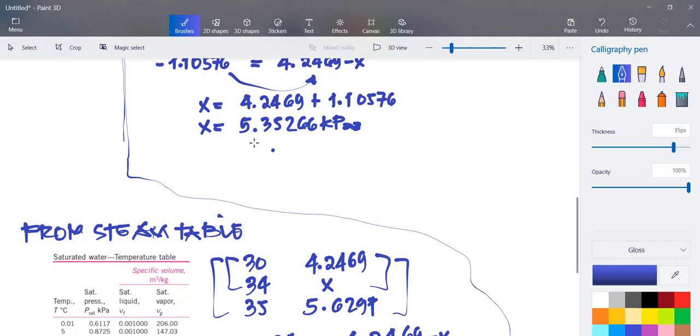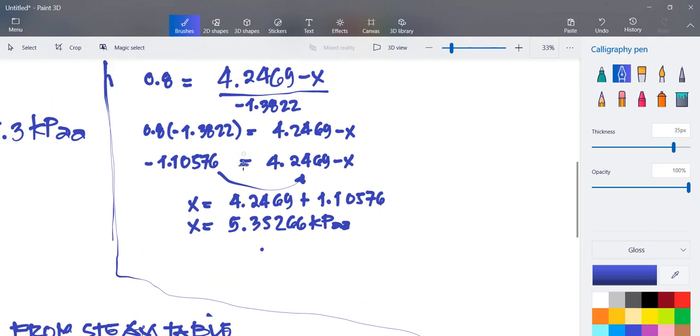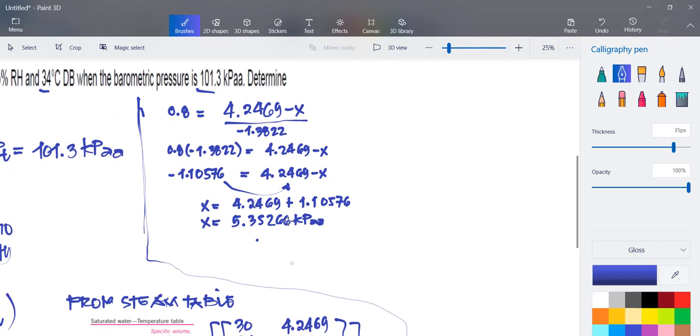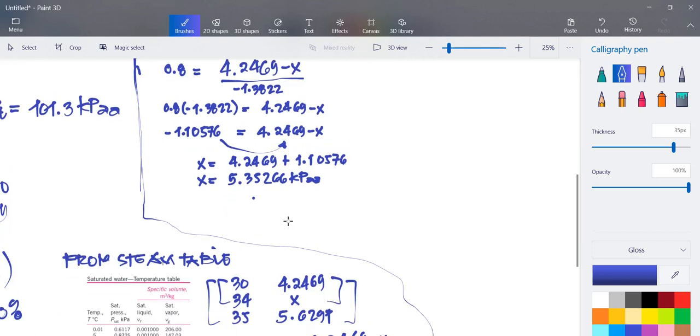So kung ito ay naging 5.7, there must be something wrong with the interpolation or yung paggamit ninyo ng equation. Baka dito lang kayo nagkamali ng mga signs or pag-divide, pag-compute ng calculator. So please take note of that one also. It's very helpful kasi we're using an interpolation, no?